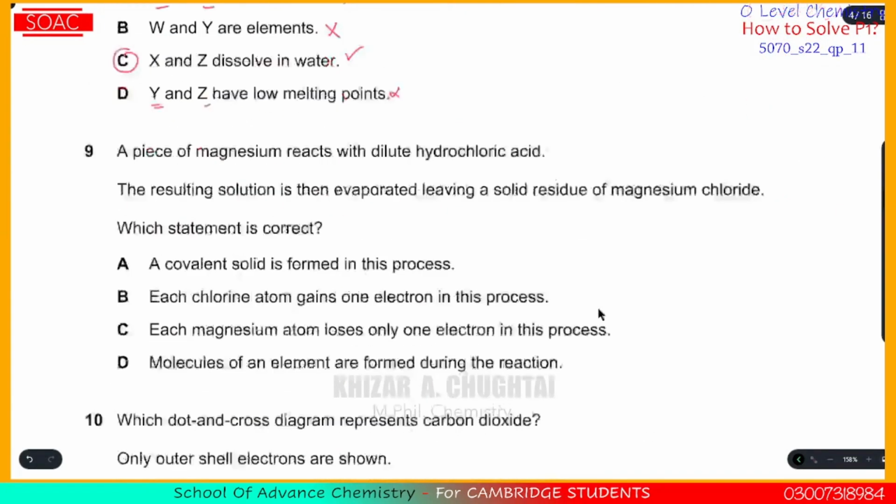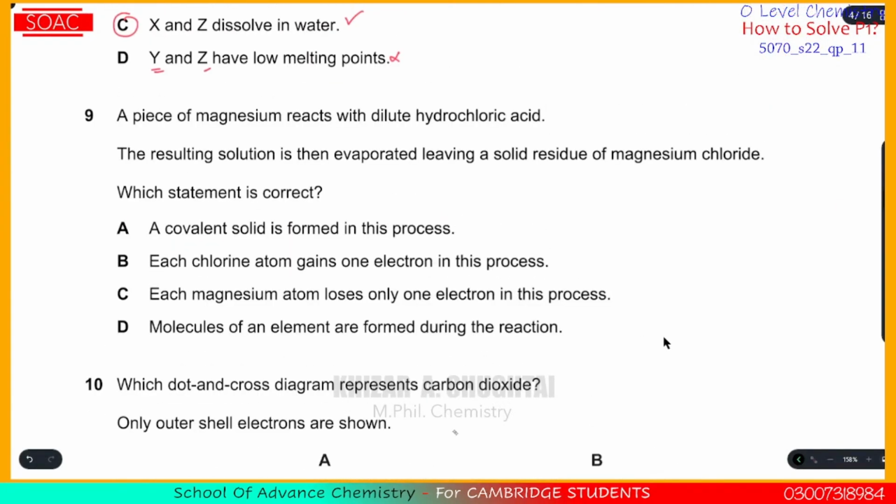Question number 9. A piece of magnesium reacts with dilute hydrochloric acid. The resulting solution is then evaporated, leaving a solid residue of magnesium chloride. Which statement is correct? Magnesium plus 2 mole of HCl aqueous, and keep in mind this HCl contains H positive ion and Cl negative ion.